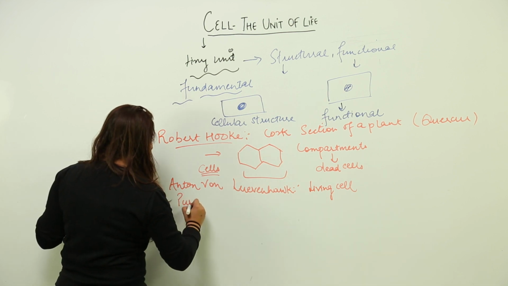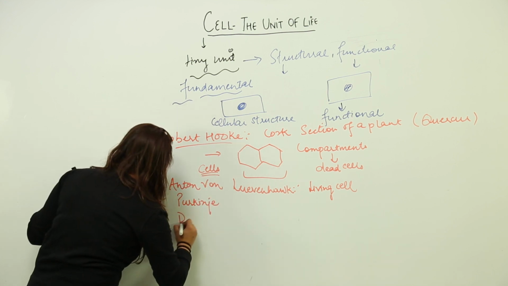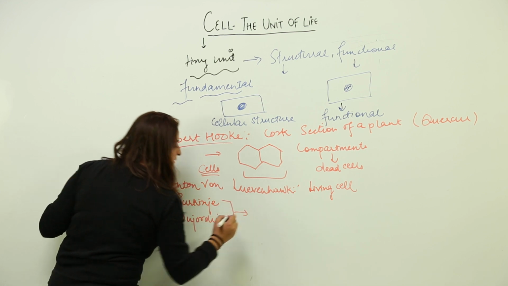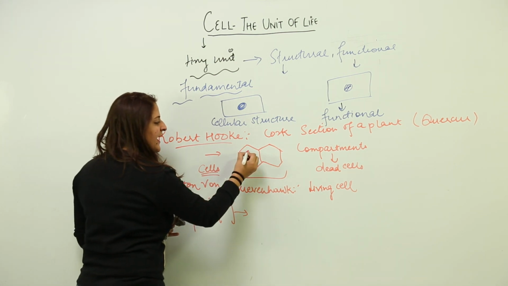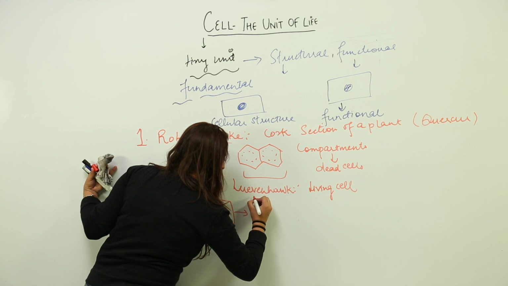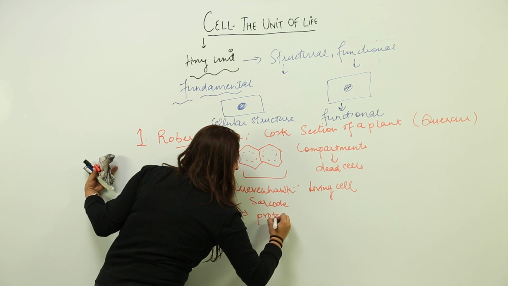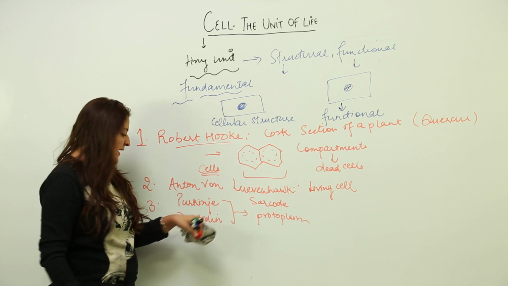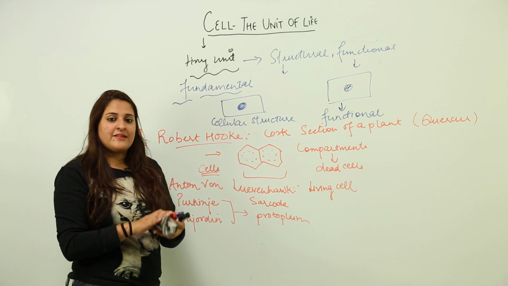One of them was Purkinje. Purkinje and another scientist, Jordan, both observed a cytoplasm-like structure, a semi-fluid-like material present inside the cell. Purkinje named this protoplasm, and Jordan named it sarcode, which is a semi-fluid-like structure present inside the cell.